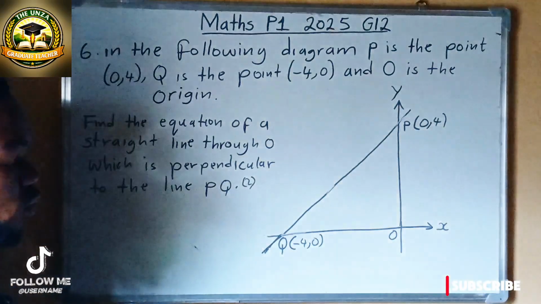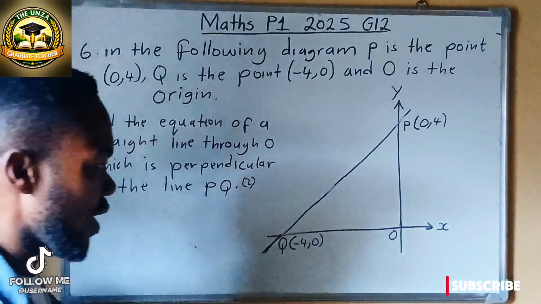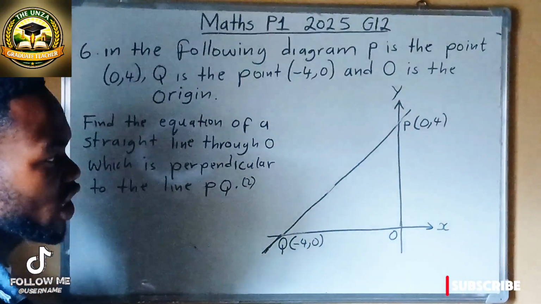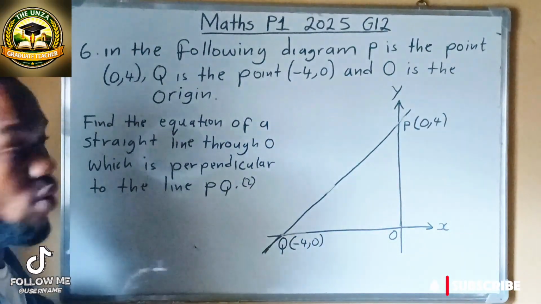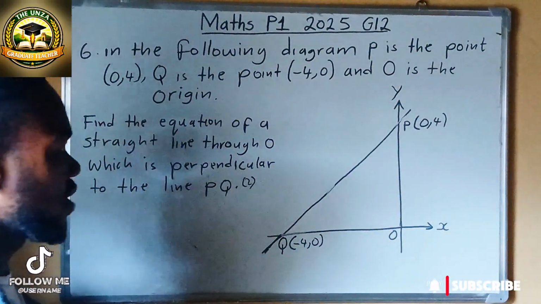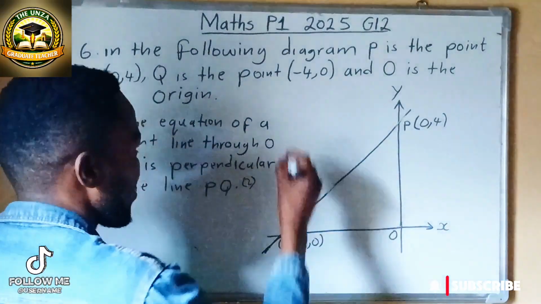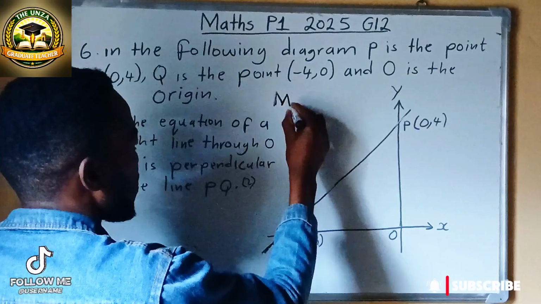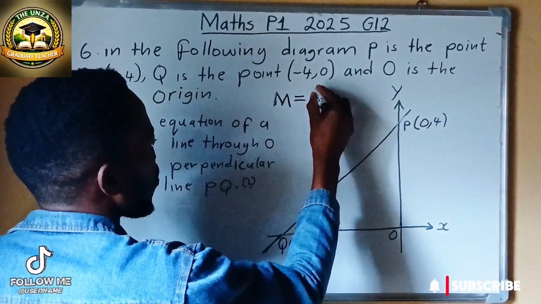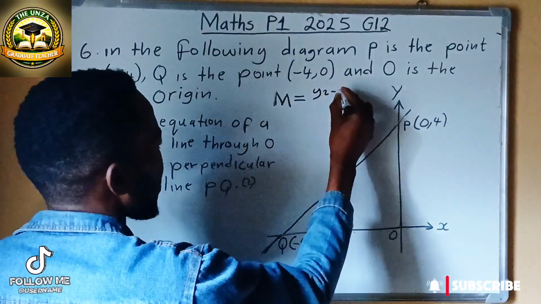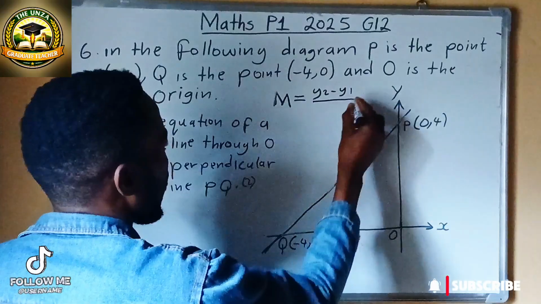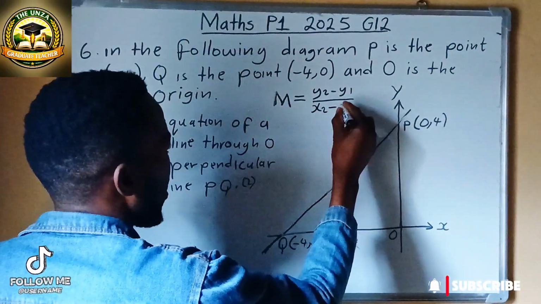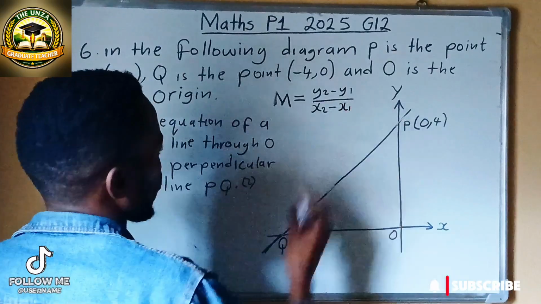So now, for you to find the equation of the straight line which is perpendicular, you have to first find the gradient. You say gradient is equal to y2 minus y1 over x2 minus x1.